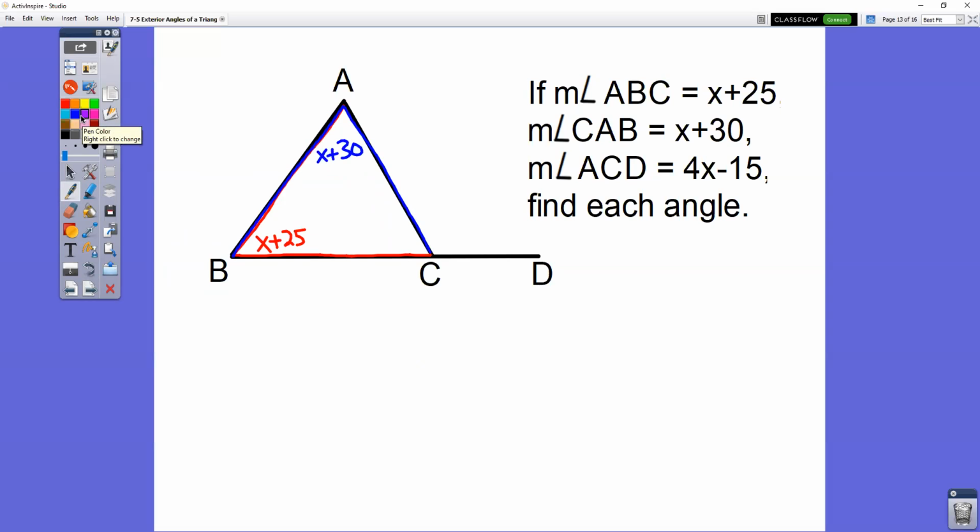And the measure of angle ACD, ACD is 4X minus 15. Find each angle. Go ahead and try this one on your own, please. Set up an equation, solve for X, sub it back in to find all three angles.